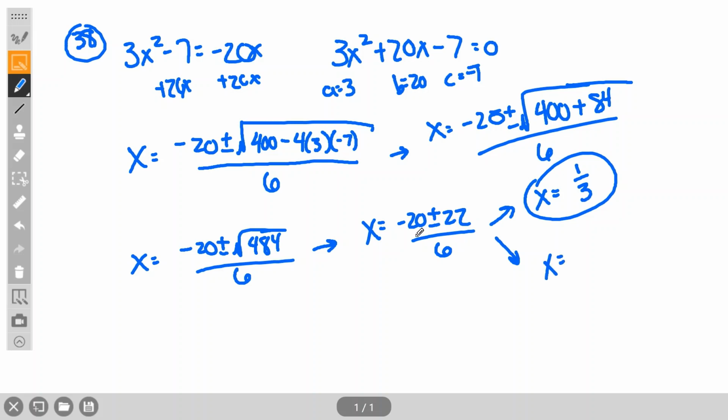The other one is negative 20 minus 22, so that would be negative 42 over 6, which is negative 7. Negative 42 over 6 gives us negative 7. So our two solutions, 1/3 and negative 7.